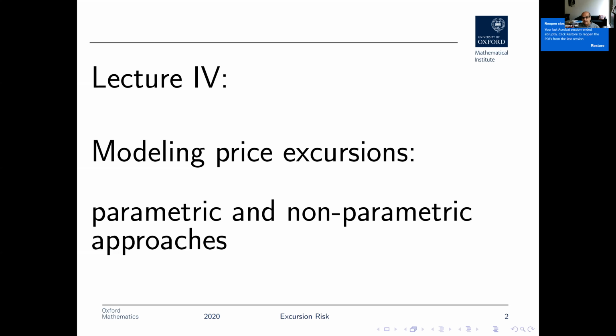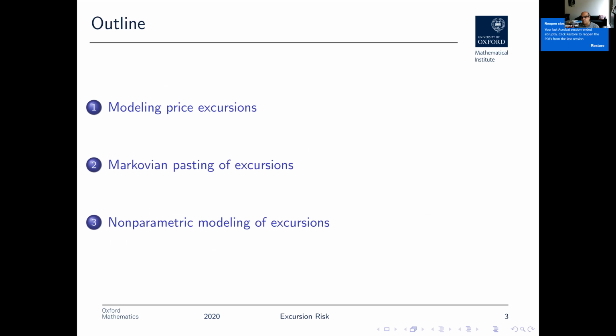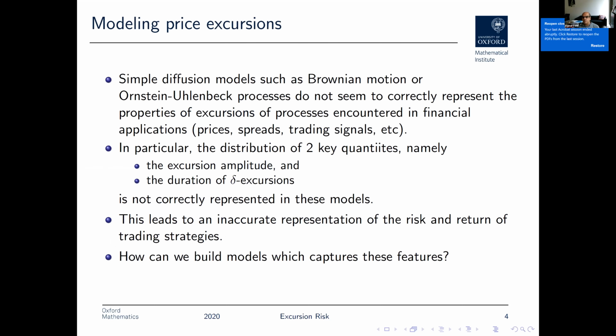Then we looked at the case where the underlying process is a Markov process, and we saw that Ito's theory of excursions gives a very rich set of tools to study the probabilistic properties of excursions for this Markov case. And then we gave some parametric examples, namely Brownian motion and the Ornstein-Uhlenbeck process, which are very widely used models in finance to model trading signals.